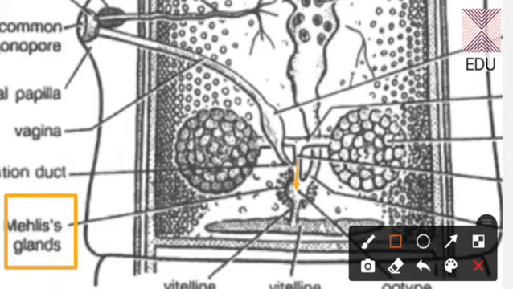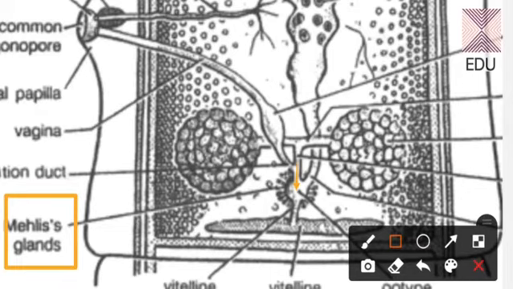Now this is a very, very important gland as far as function is concerned. This Mehlis' gland produces its own secretion, which is going in for multiple functions. Mehlis' gland secretion functions to lubricate the passage of the eggs.